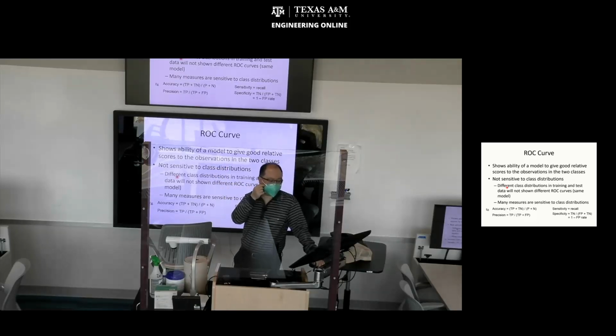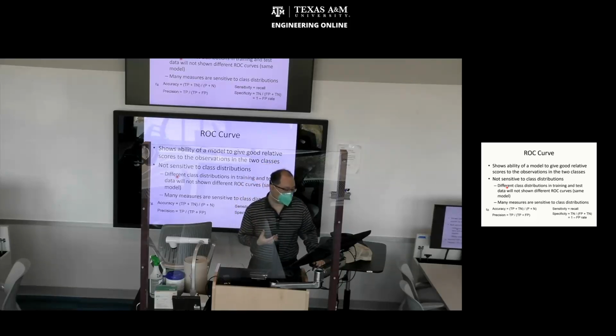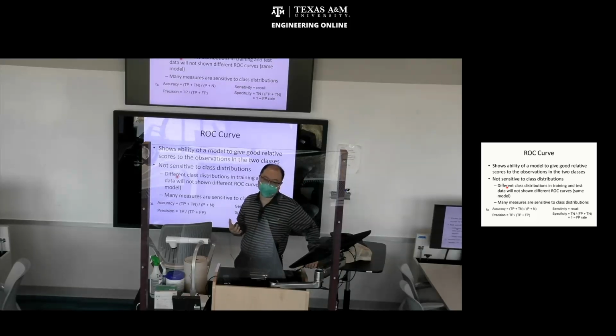The benefit of looking at the ROC curve is that it's not that sensitive to the class distributions. You may see different accuracy or sensitivity levels for different data sets simply because they have different class distributions. That's one issue you don't want to be biased about, so that's one reason you'd like to use these kinds of curves.